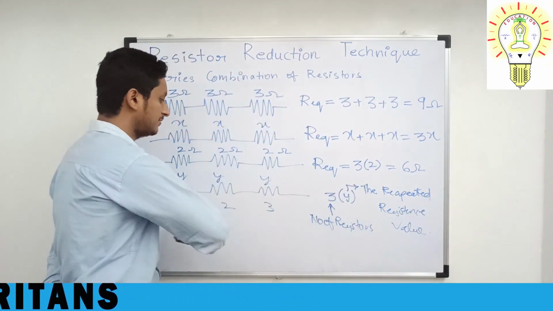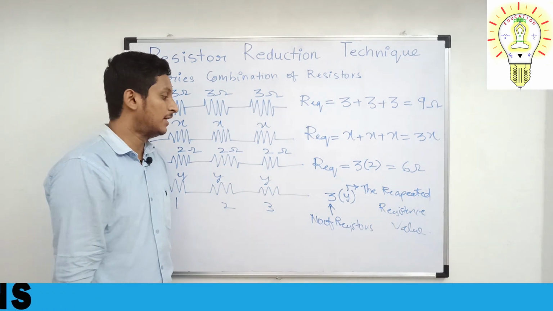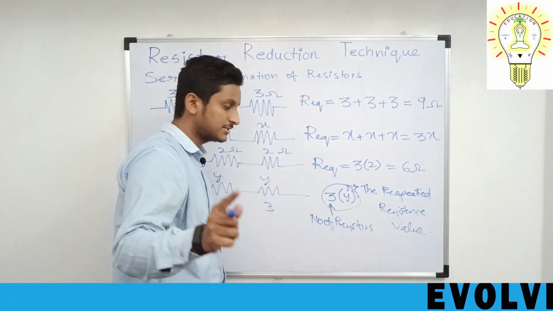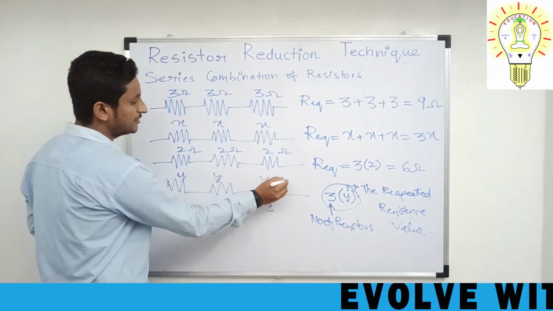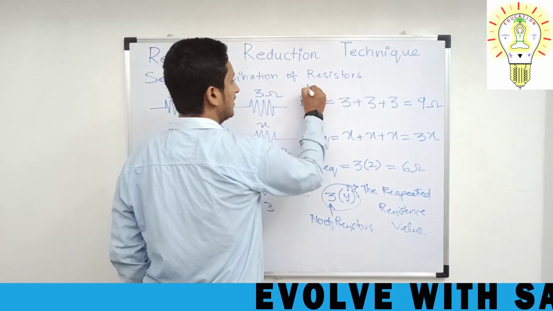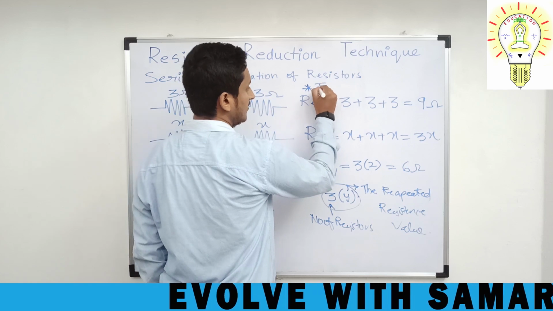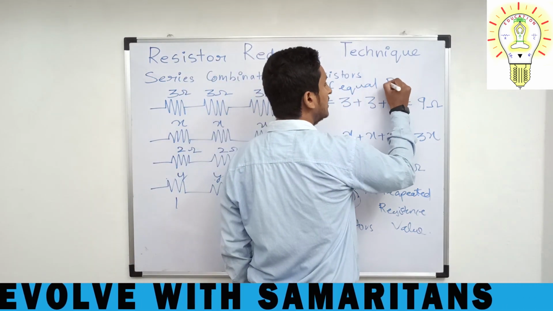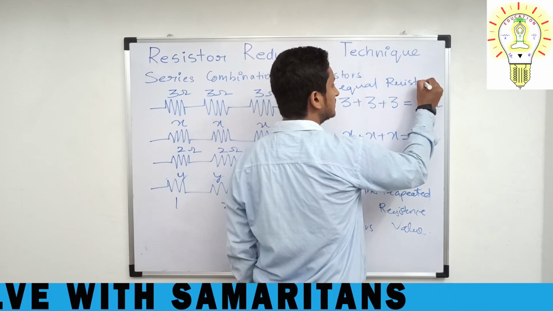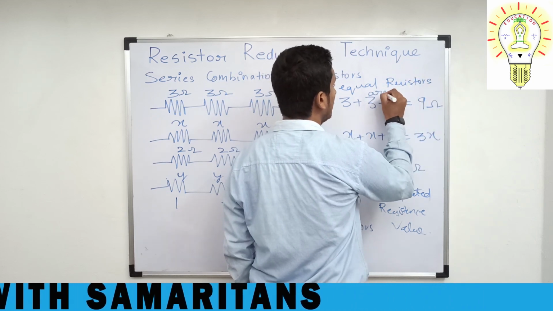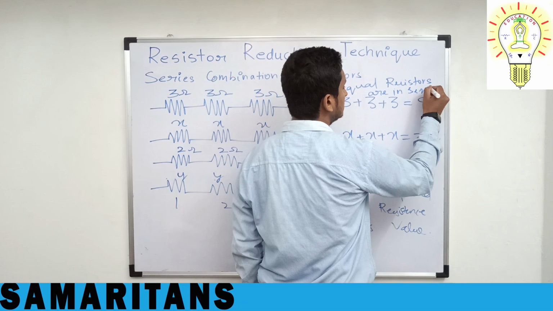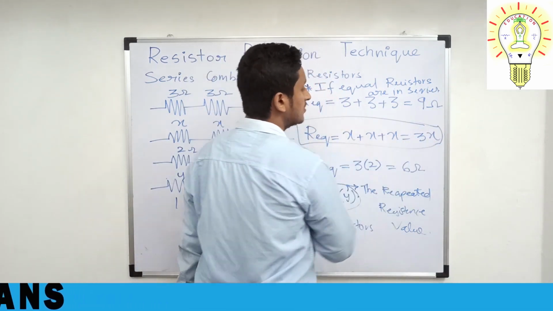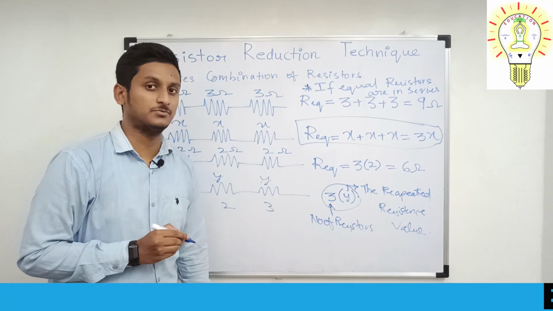So with this you can save lots of time. This is valid for all, but the condition is the value of the resistors should be equal. I will write it here. If equal resistors are in series, then you can apply this formula. So this will save lots of time for you.